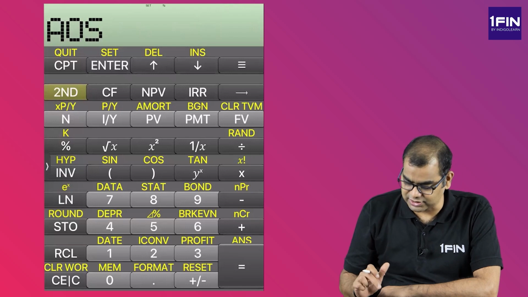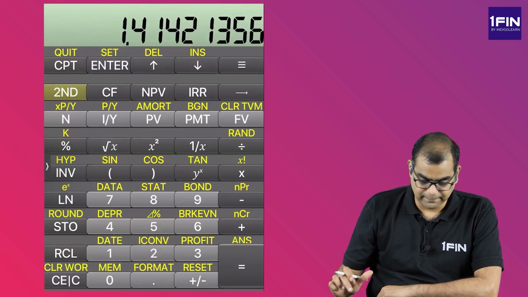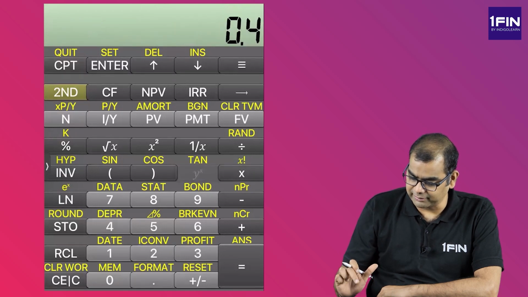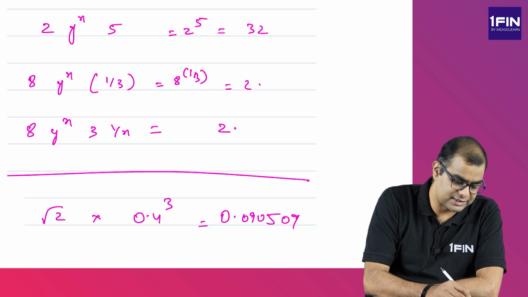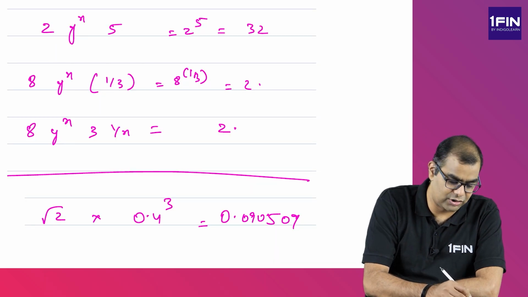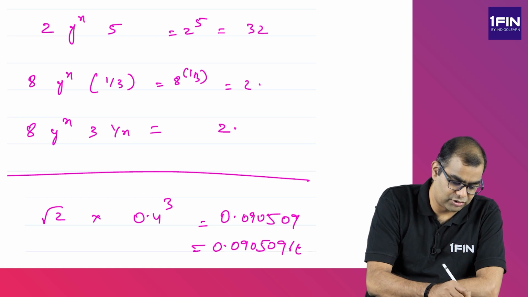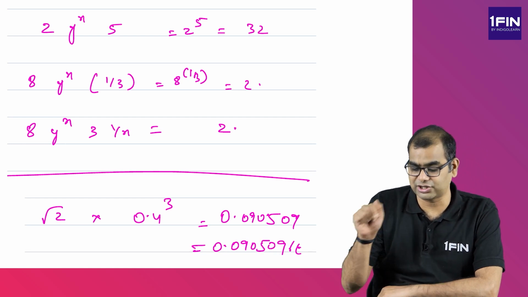Square root of 2 into 0.4 y power x 3. You get directly the same answer as we got earlier, which is 0.09050966. This is because we changed it to AOS.